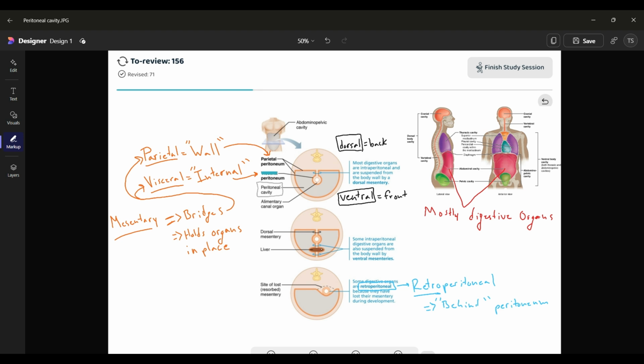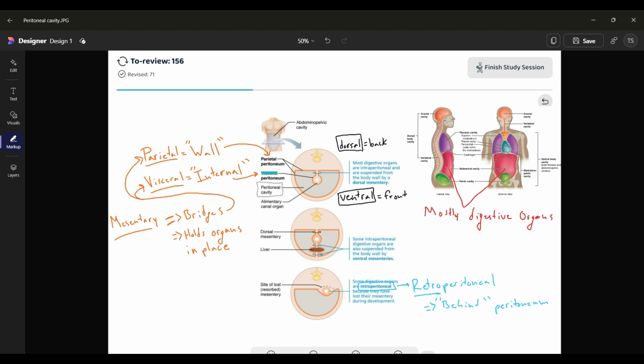You can also, like in this image here, have a similar kind of bridge structure, but it's coming from the front, from like the ventral side. So for that reason, when you have this type of bridge coming out, it's called a ventral mesentery. And so, like your liver, like they have in this diagram, has both of those things.